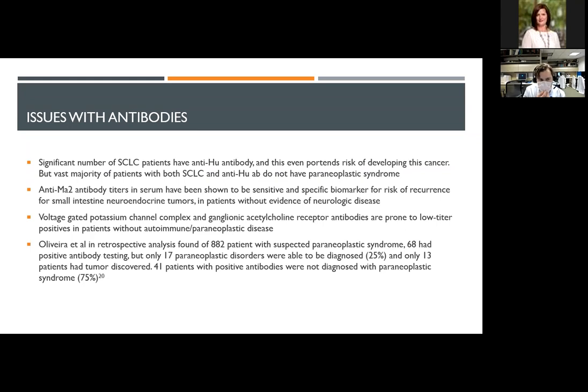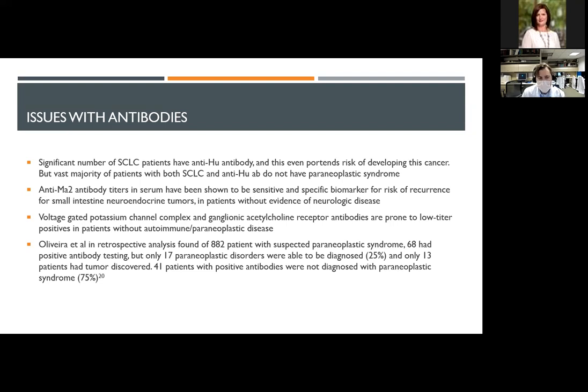So just to go over some of the specific issues with antibodies, anti-Hu antibodies and anti-Hu encephalitis and neuronopathy are fairly well described in the literature. But if you were to test any random number of people for this antibody, there would be some people that have it, and those people would be more likely to have undiagnosed lung cancer than any kind of neurologic issue.